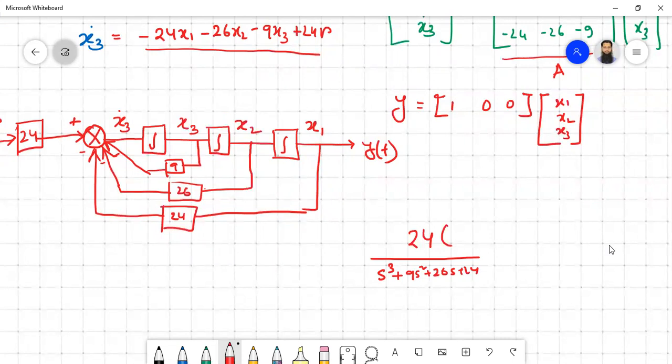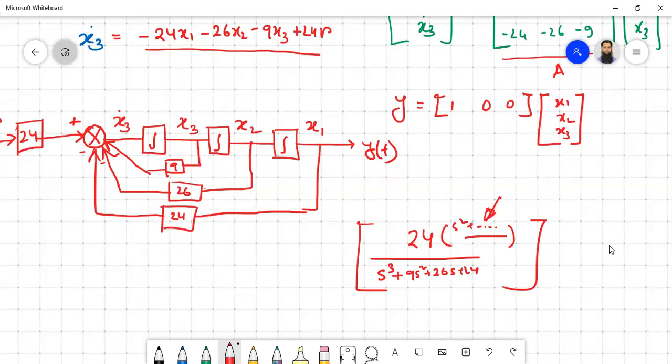So there is no dynamic function in the numerator, like s squared. Now let us look at what changes happen in your state space representation as well as in the block diagram if you have this dynamic numerator.